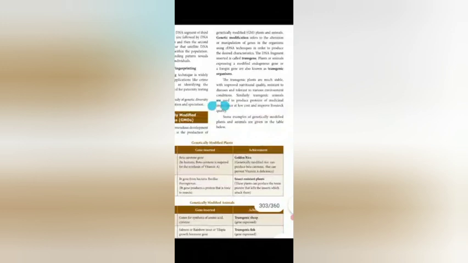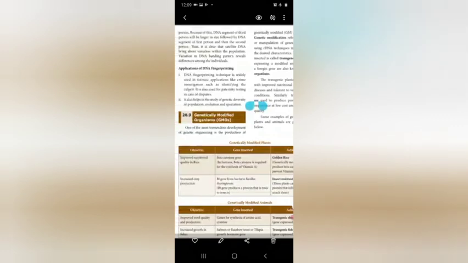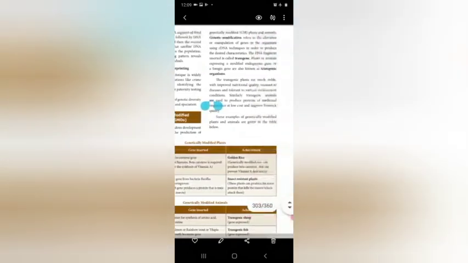So the organisms produced by this method show desirable characters, that means they are disease resistant, and also pest resistant plants. Insect resistant plants are also produced by this method, called a genetically modified organism.